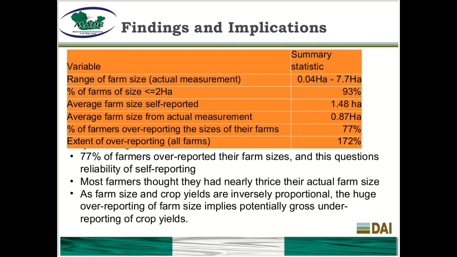There are some common techniques to try and avoid it: using enumerators from the local area who are less of a distance to the respondent, and good facilitation from the data collector to put people at their ease. One thing which is potentially worth trying, but I haven't seen very much, is to go back to the same person many times over a few months or a year and build up your relationship to the point where you're more likely to get honest answers.